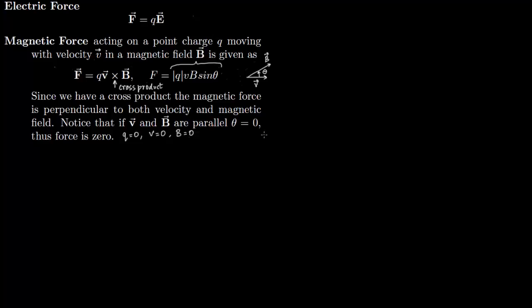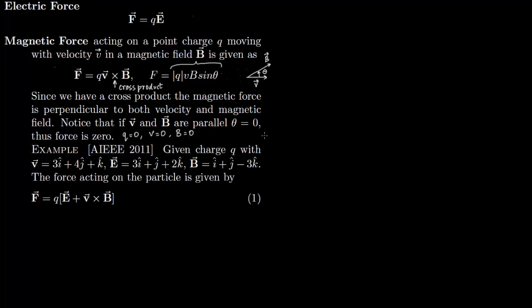Now let us do an example. Say you're given a charge and this charge has some velocity. It is moving in an electric field which is given to you, and some magnetic field is given to you. So you're given three vectors: velocity, electric field and magnetic field. The total force acting on the particle is the sum of equation 1, that is the electric force, and equation 2, the magnetic force.